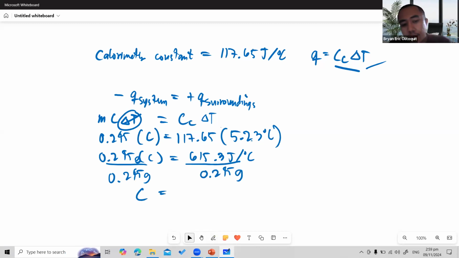You determine therefore the specific heat of the system, or rather the fuel, as 615.3 divided by 0.245. So here you have the specific heat of 2,511.47 joules per gram degree Celsius.